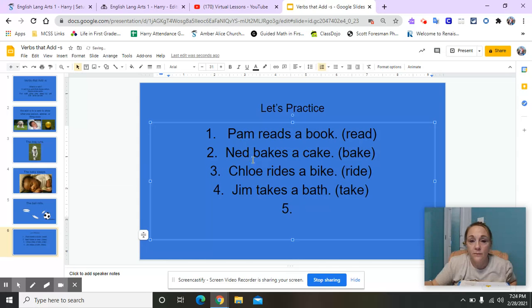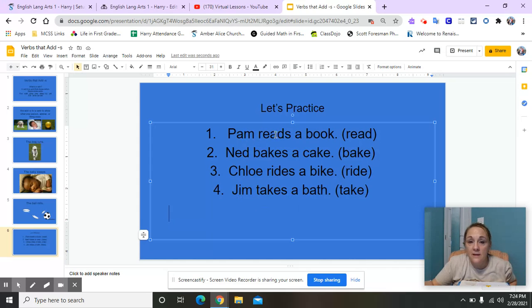So let's reread our sentences. Starting with number 1, Pam reads a book. Number 2, Ned bakes a cake. Number 3, Chloe rides a bike. And number 4, Jim takes a bath.